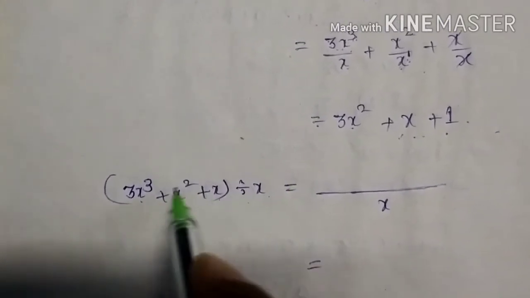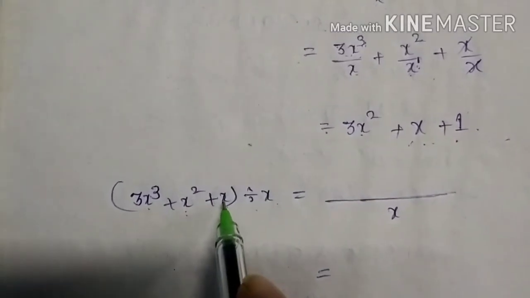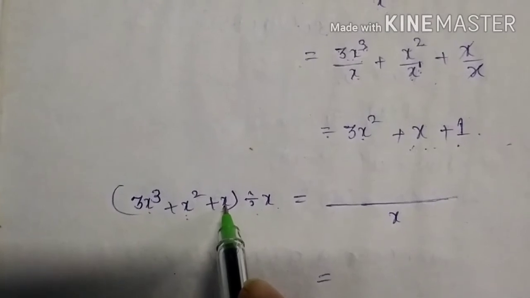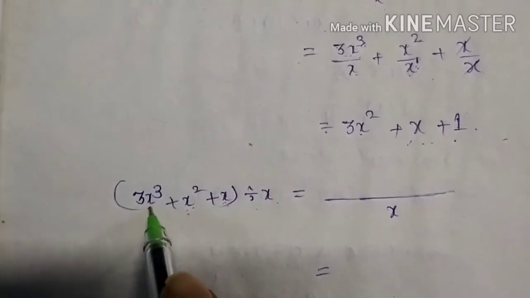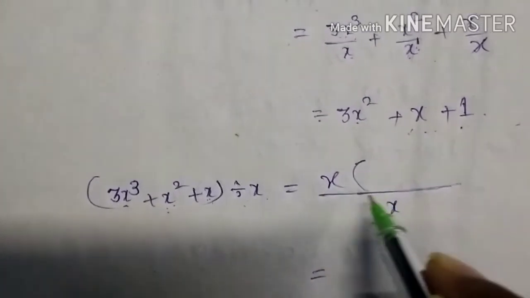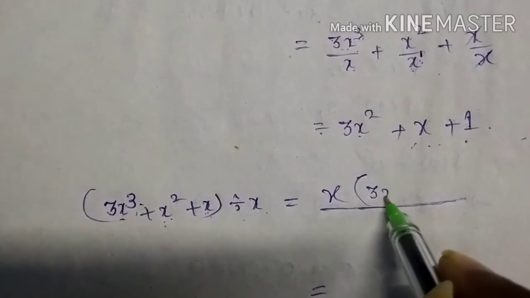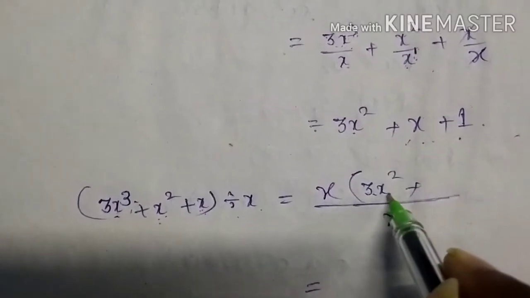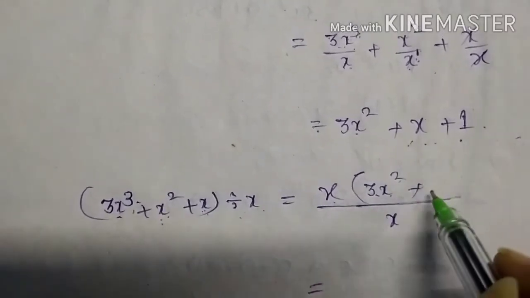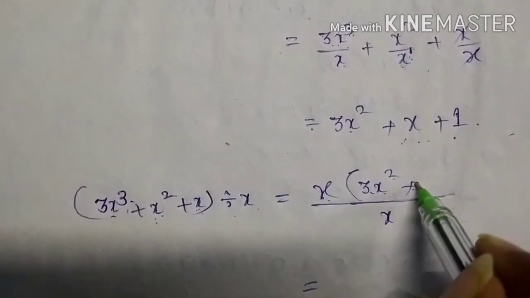We can do it another way also, but just now I told you that it is a factor or not. That means each and every term has x common, or not? Here x square, here x cube. That means can I take x as common? Yes. If I take x as common, once you see here 3x square, we can write inside how much? 3x square. Yes or no? 3 into x square into x gives x cube, plus x square, I have taken x as common. That means inside you have only x.